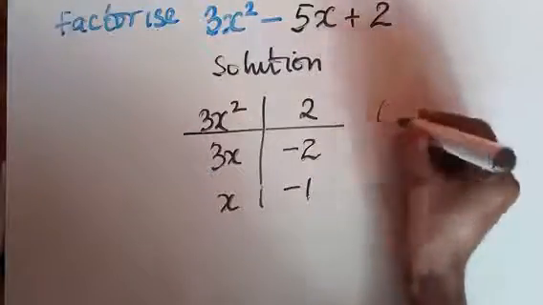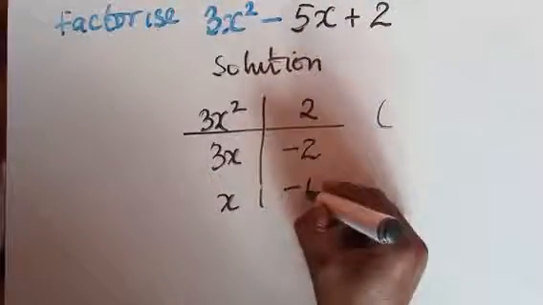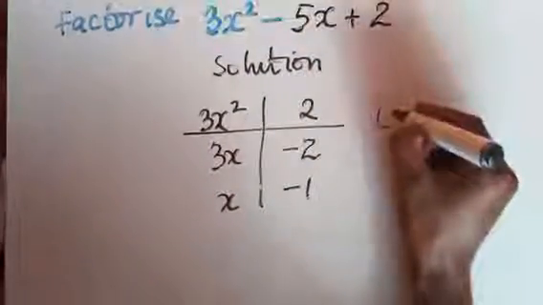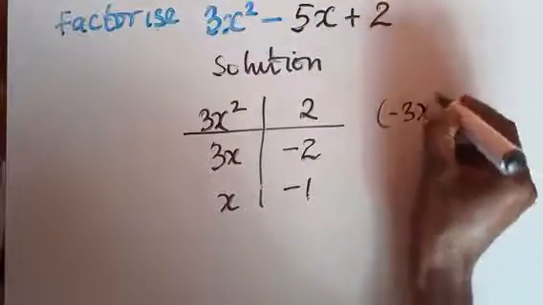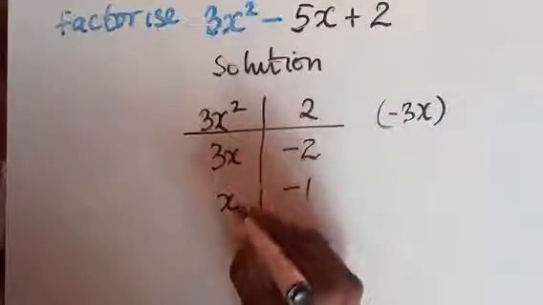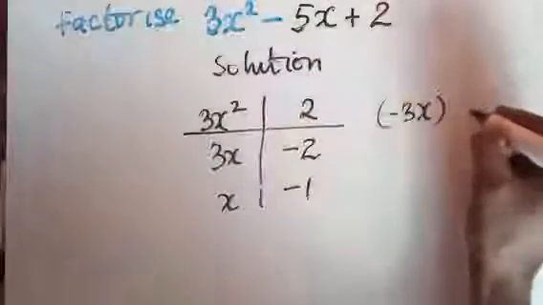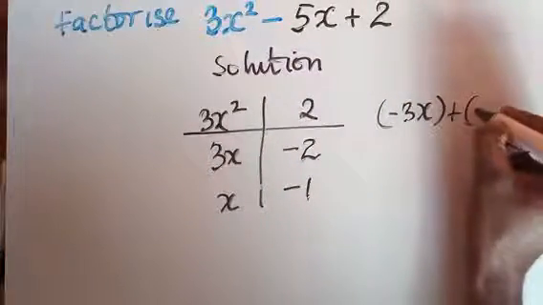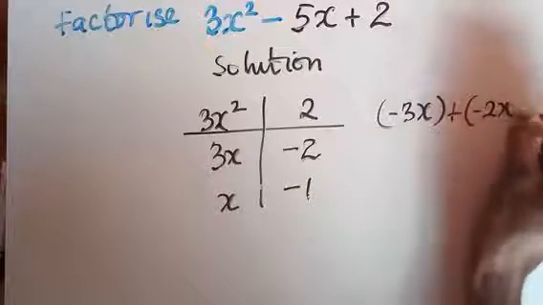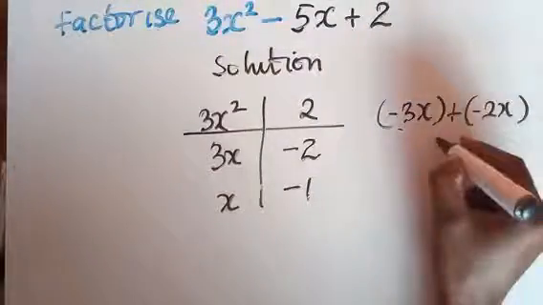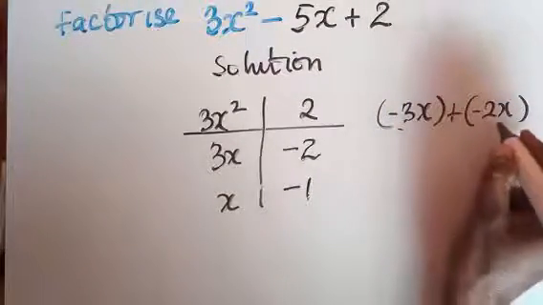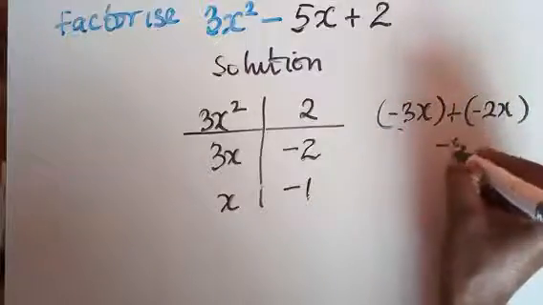So I've got negative 1 times 3x will give me negative 3x. Okay, then x times negative 2x will give me negative 2x. So this plus that, negative 3x plus negative 2x is going to give me negative 5x.